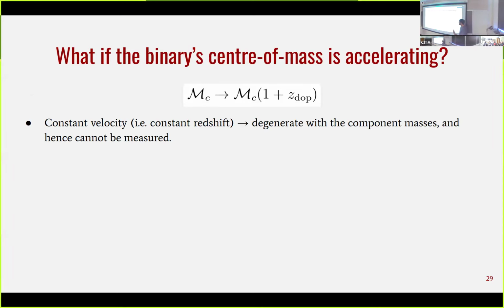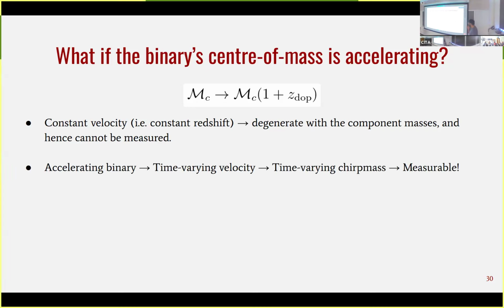And you can't measure the z Doppler separately from the intrinsic parameters because they're degenerate quantities, and there's nothing in the detector that can tell you whether it is moving or not. So you can't really measure Doppler velocities just from the gravitational wave, at least constant Doppler velocities.